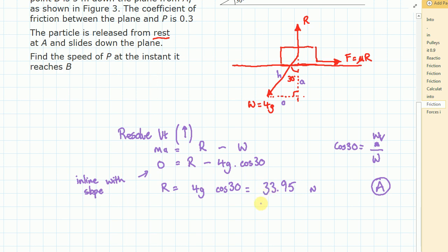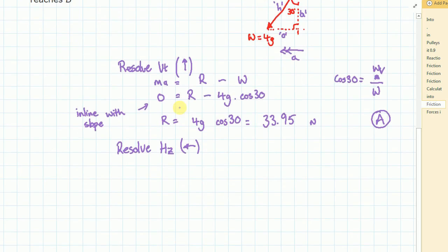So now let's see what's happening horizontally. And we may as well say acceleration is going this way. So resolve horizontally, I'm going to say positive to the left. It doesn't have to be always to the right.